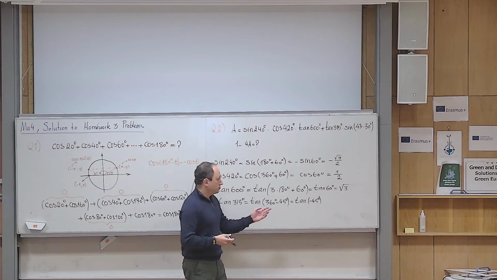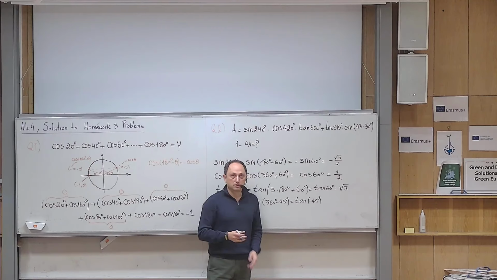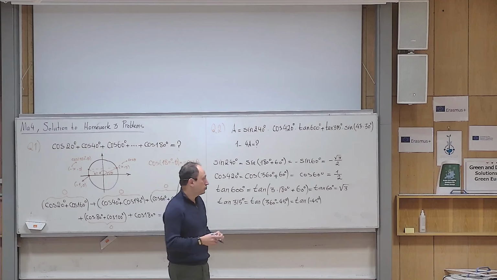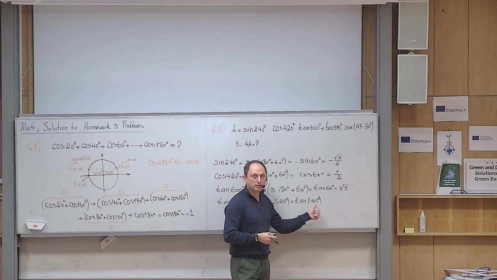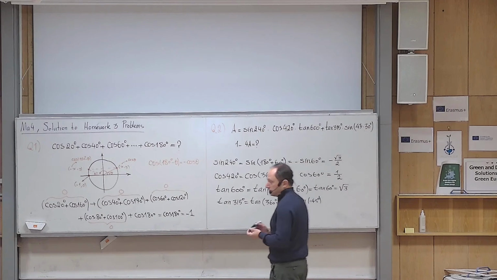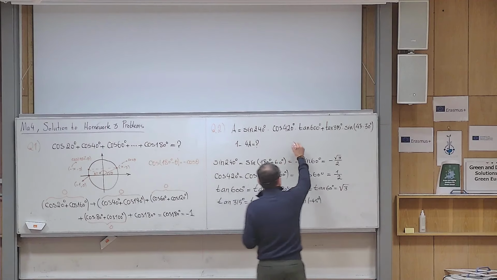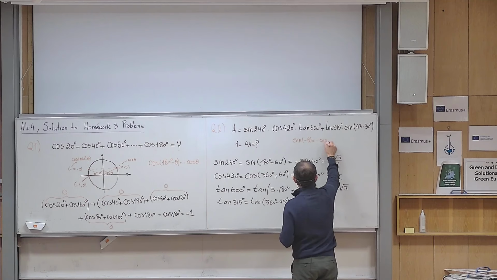And I hope that you remember that this is, when I was teaching you, I told this under the title of trigonometry of opposite angles. So what was the rule? If I have sine of a negative angle, the negative sign can go out. So let me remind you. Sine of minus theta is minus sine theta.